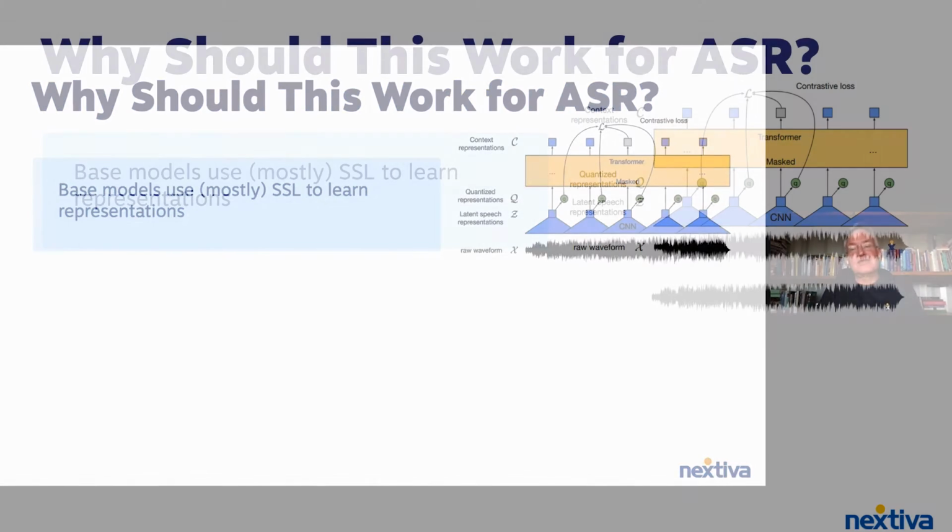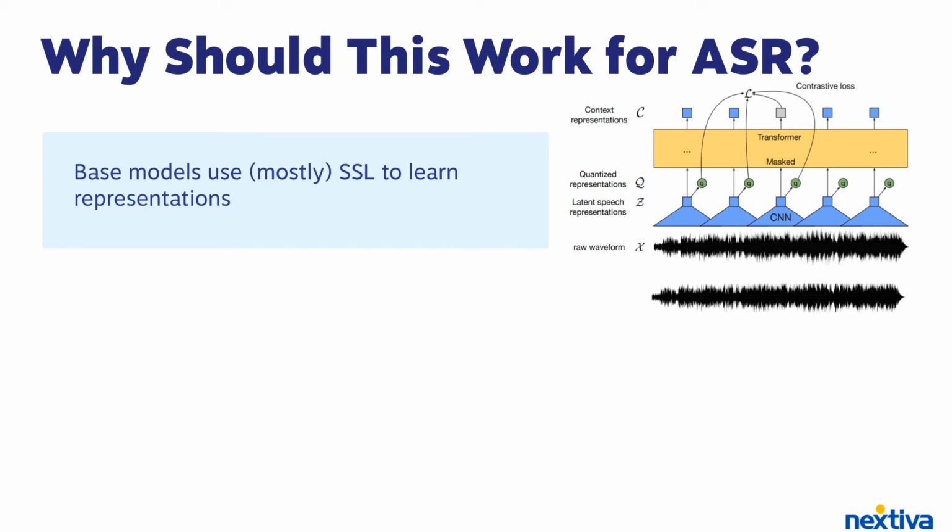So the first is that most of the current generation of ASR models have an encoder-decoder architecture where the front end of the model just learns good representations of the data that it has coming in. And then it passes these standardized encoded representations to a decoder layer that is what gives you the answer.